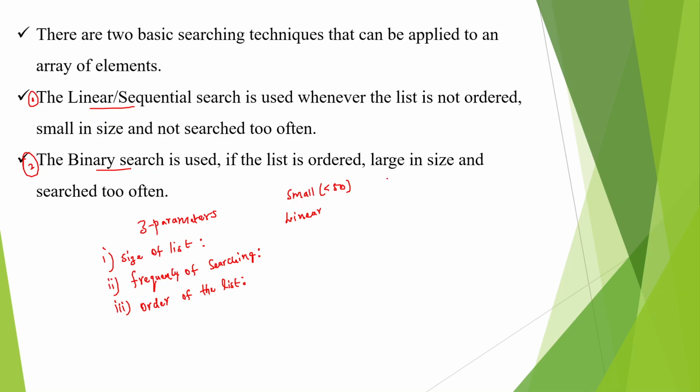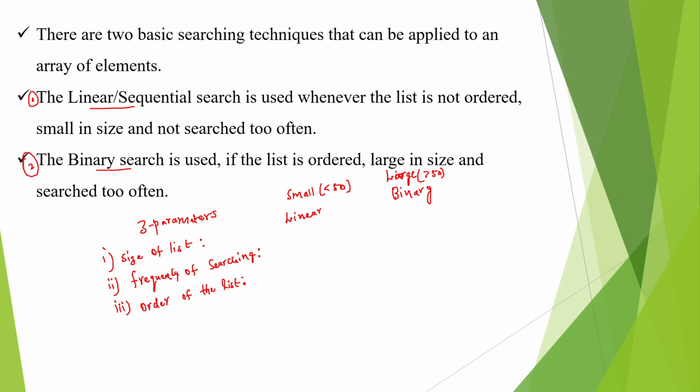And if it is large, greater than 50, obviously our only option is binary search. Go for binary search. If the list is small, with less than 50 items, you can apply linear search. If the list is greater than 50, go for binary search.